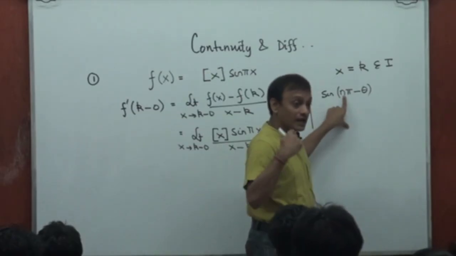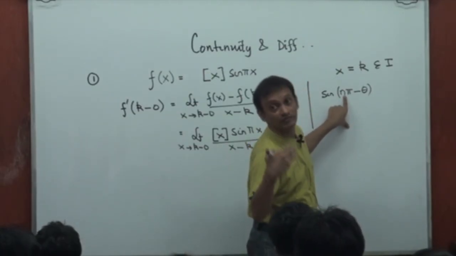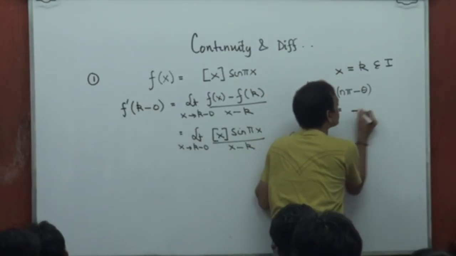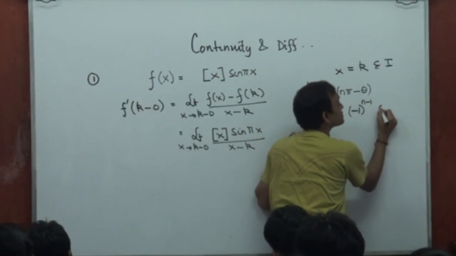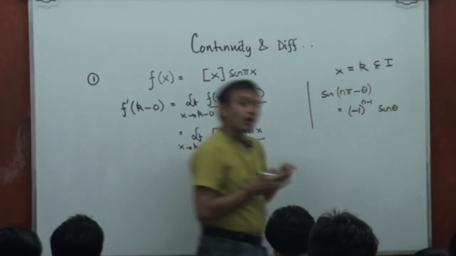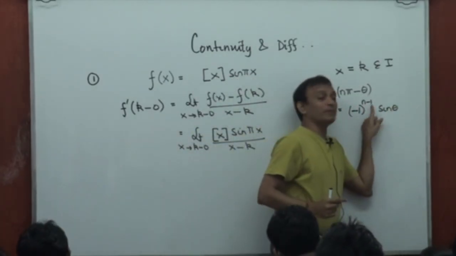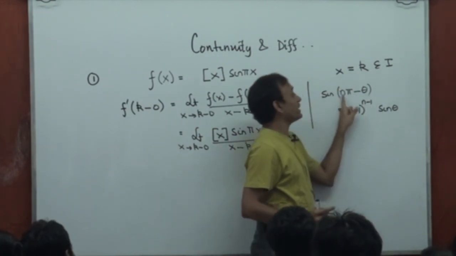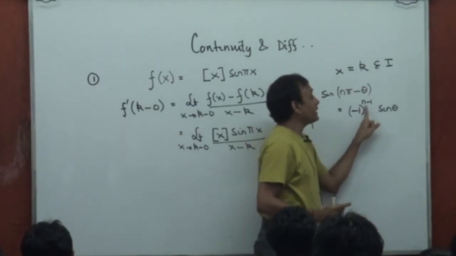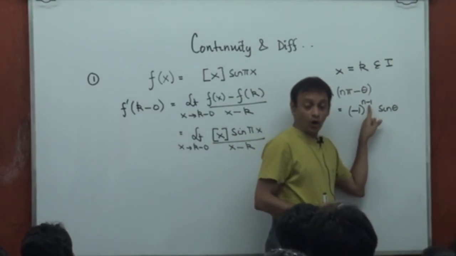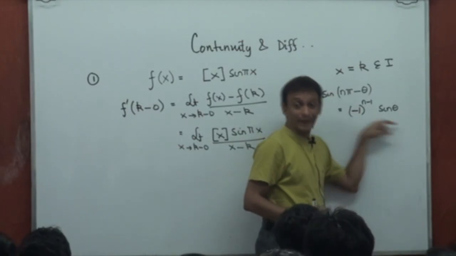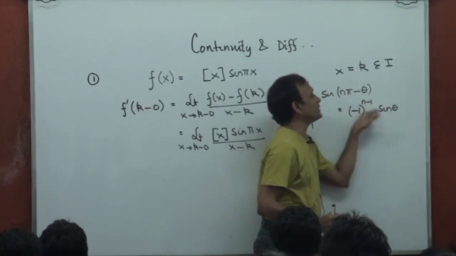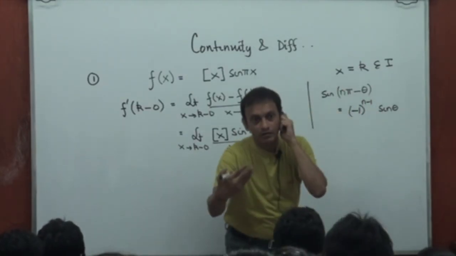So it depends on the parity of n. This should then be minus 1 to power n minus 1 sine theta, because when n is odd, n minus 1 will be even and this will become 1. So when n is odd, this will become sine theta. When n is even, n minus 1 will be odd and this will become minus sine theta. So sine n pi minus theta is minus 1 to power n minus 1 sine theta, right?